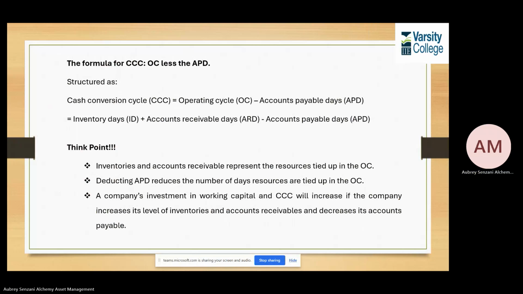Right, so where were we? Inventories and accounts receivable represent the resources tied up in the operating cycle.